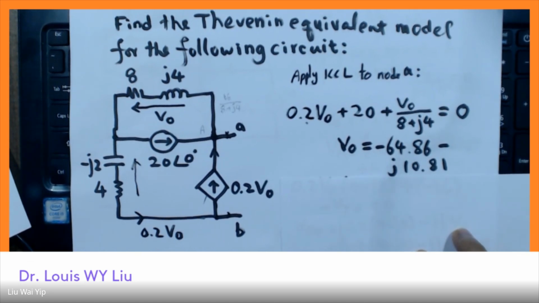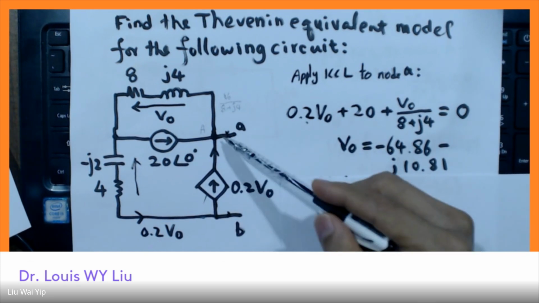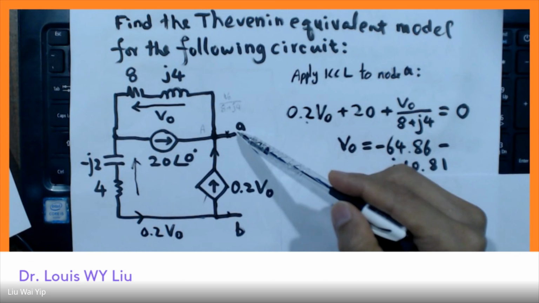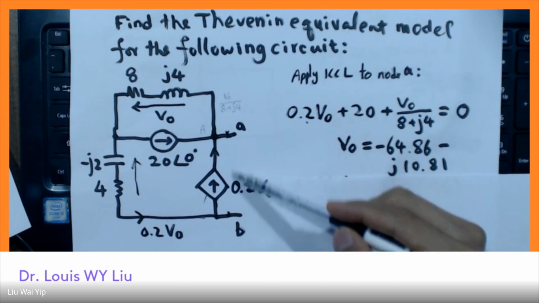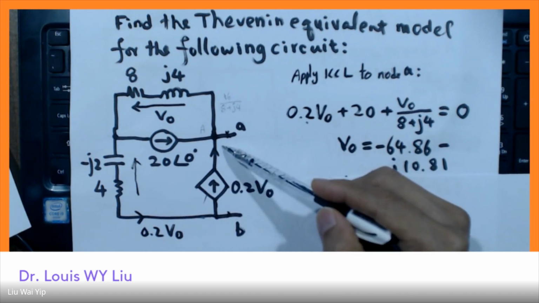Now, with V naught, this is enough for us to find the voltage across A and B. And the voltage across A and B is actually the Thevenin voltage.